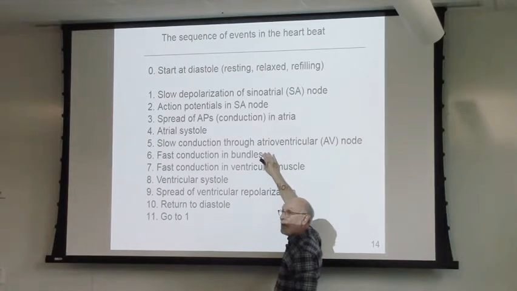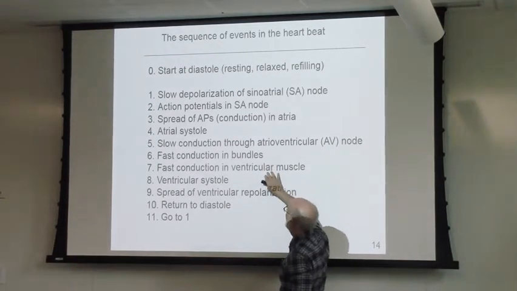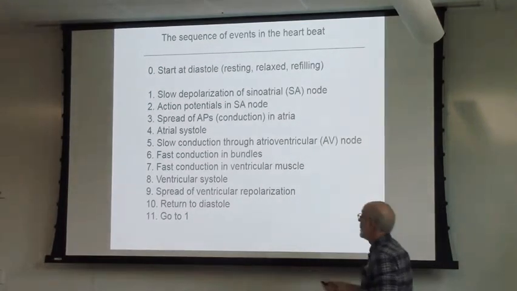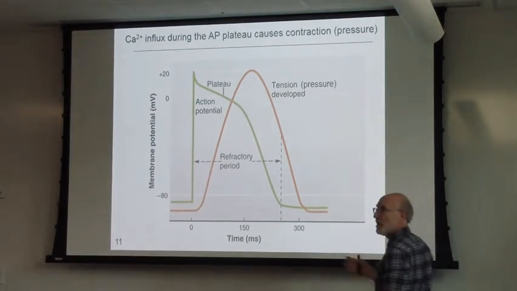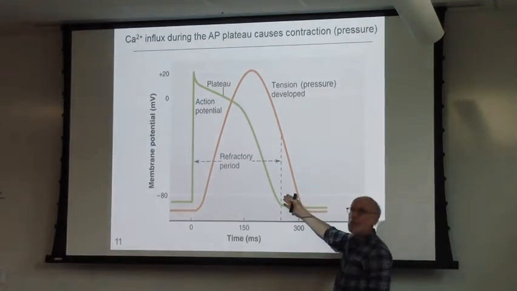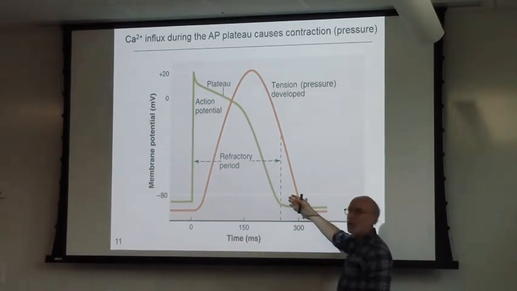So now we have fast conduction through bundles and then ventricular muscle. What kind of action potential are we talking about? This kind. I described this in the setting of the atria, but it looks the same in the bundles and in the ventricular muscle.